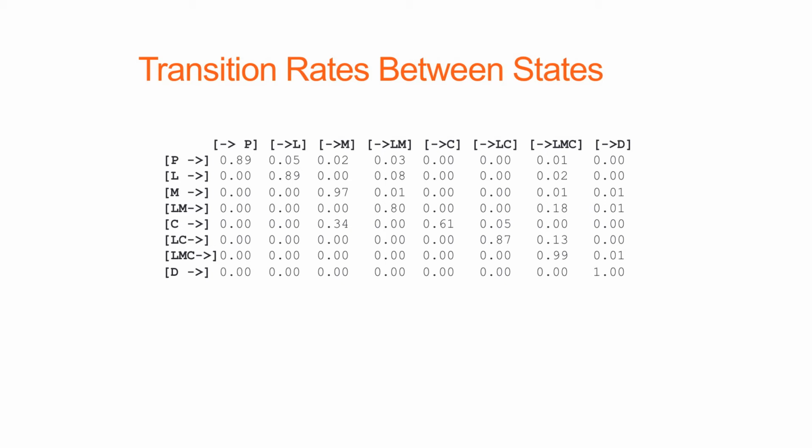For those who were living with parents, the next year 5% of those states had transitioned to having left home. 2% transitioned to being married. 3% transitioned to having left and being married. And 1% transitioned to left, married, and child directly from living with parents. So I just want to show you what a transition matrix looks like.